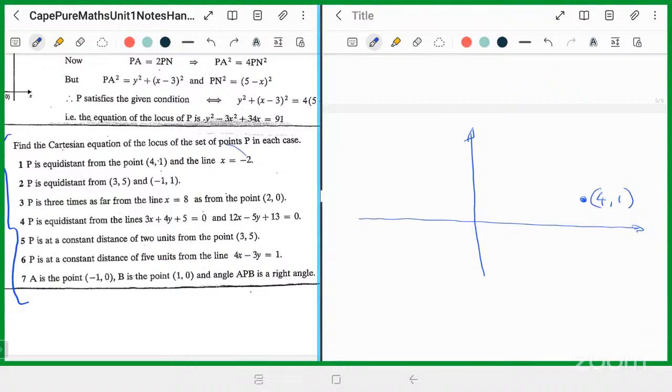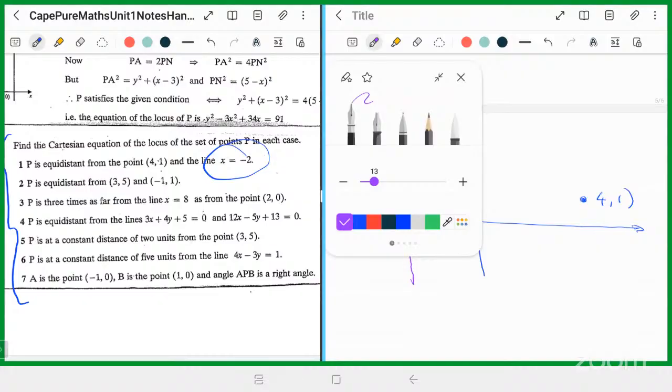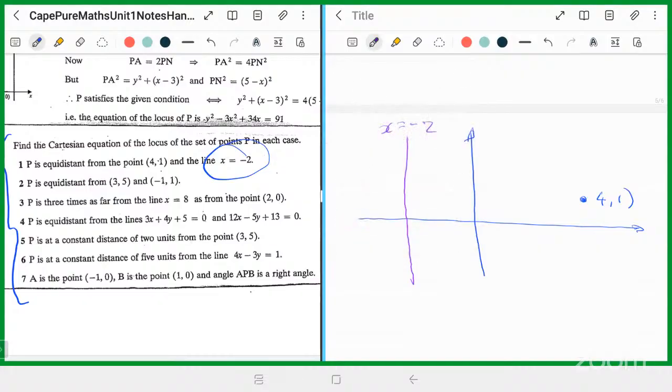And we have the line x equals minus 2, put on in purple. x equals minus 2, a vertical line over here. I'm going to put my point P down in black, somewhere here. Call it x y. And this distance is the same as this distance.